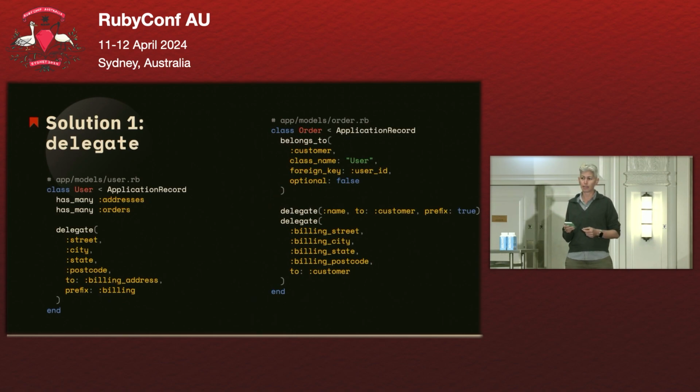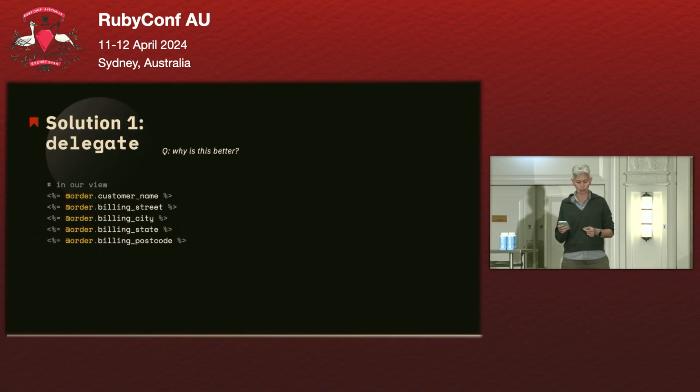This is slightly better, because in our code we can now just do order.customername or order.billingstreet, which means if we want to test that view, we can stub out that method only without having to create all the other objects. So slightly better, but it's not great.